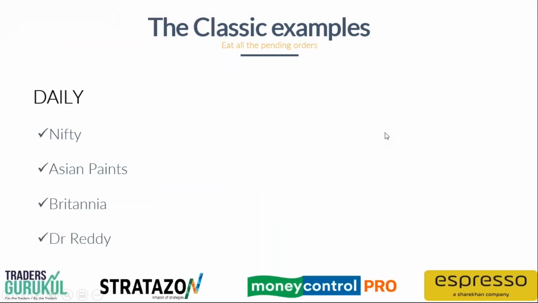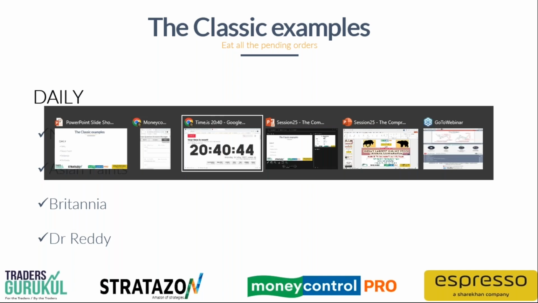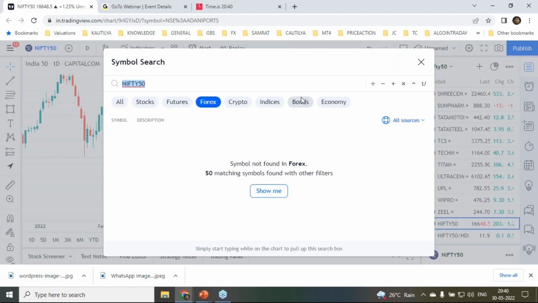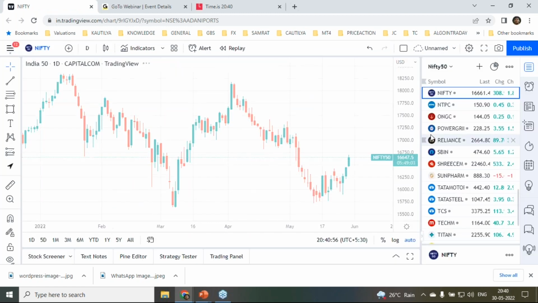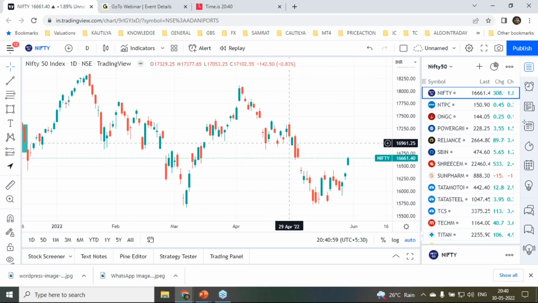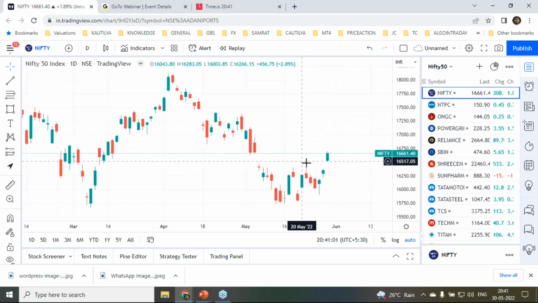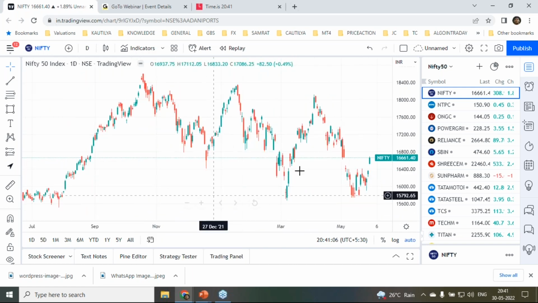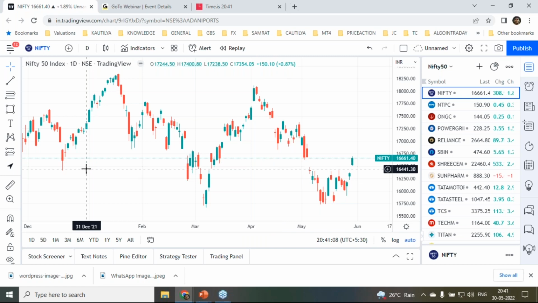Now let's take up some examples. First things first, let me go into the website and go into Nifty. This is the Nifty daily candle. Let's start one by one. First one was Asian Paints, right?